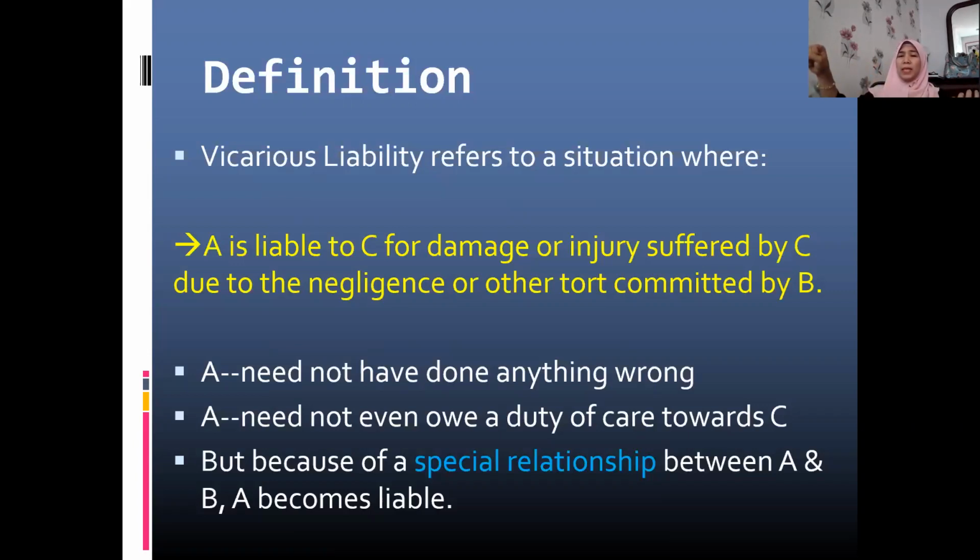It's between B and C. B owes a duty of care towards C, and A actually does not owe any duty of care towards C. But why is A made liable in that particular situation? Because of the existence of a special relationship between A and B. That's why A is made liable under vicarious liability. So that's basically the law. It revolves around that. Those are the things that we are going to discuss for this topic.